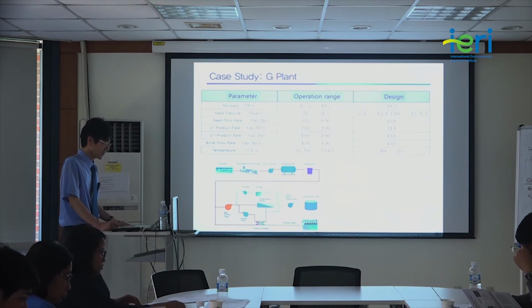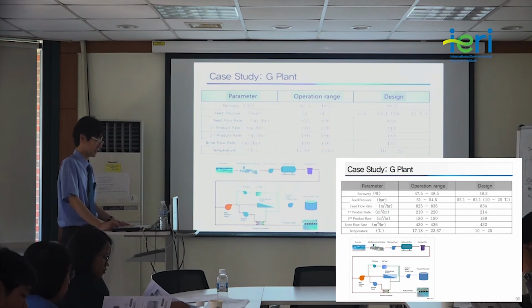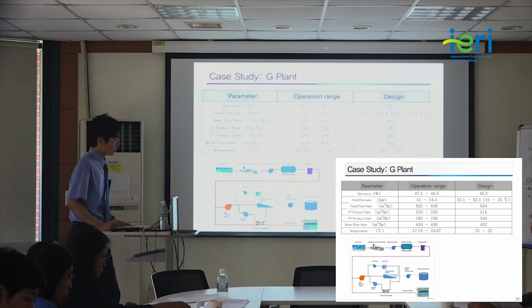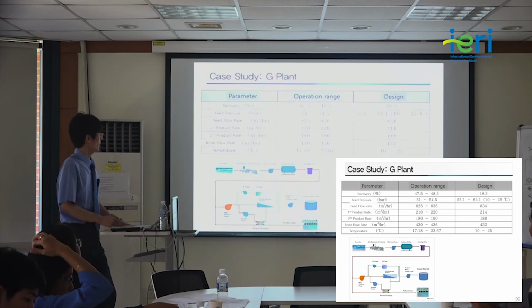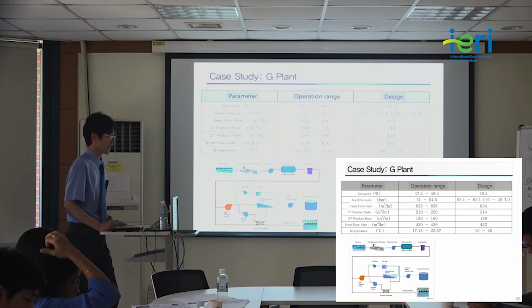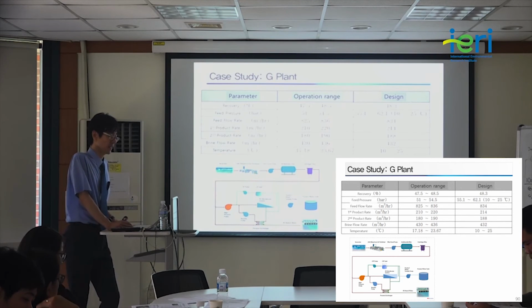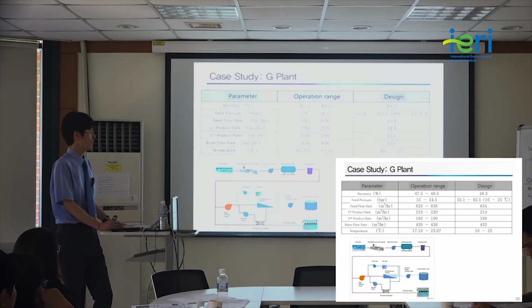And this is another example. Actually, it's in Korea. So this is the Gyeongsang desalination plant. The operation range is that the recovery is slightly larger than the desalination plant in the Middle East region.